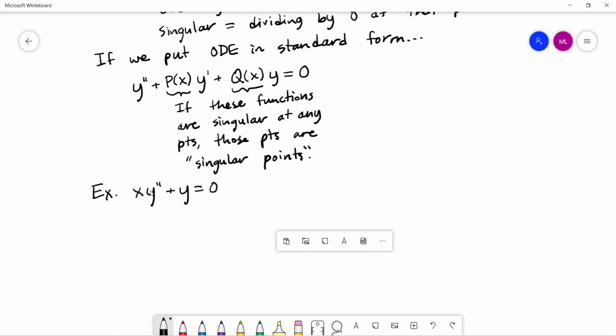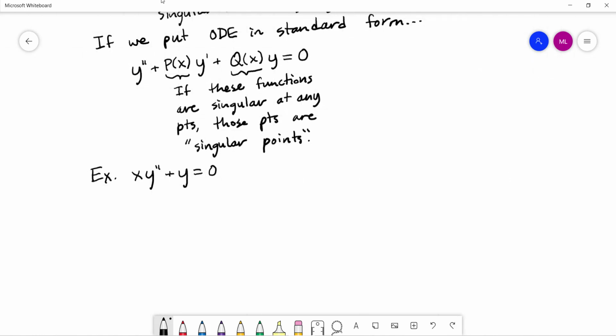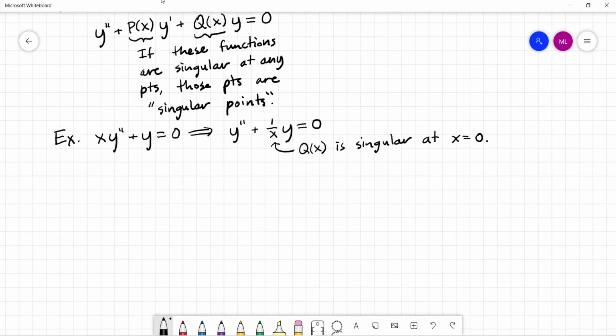Standard form requires the coefficient of y double prime to be 1. So we would have to rewrite this in standard form as y double prime plus, dividing everything by x, 1 over x times y equals 0. So in this case, our q of x is singular at x equals 0. So x equals 0 in this case is a singular point.